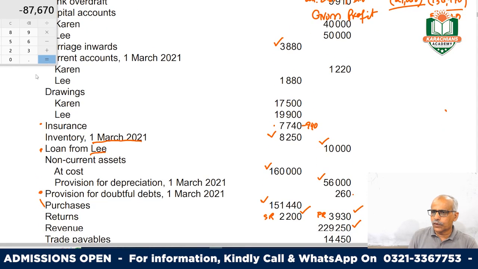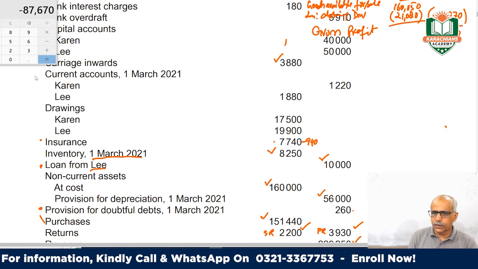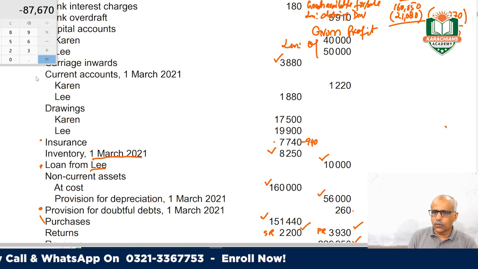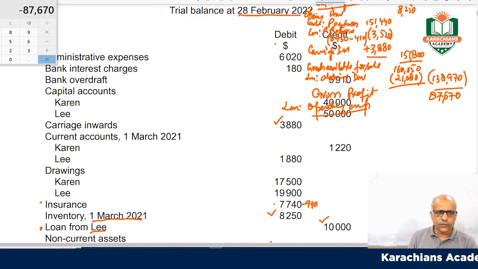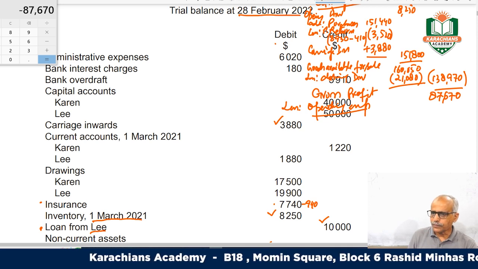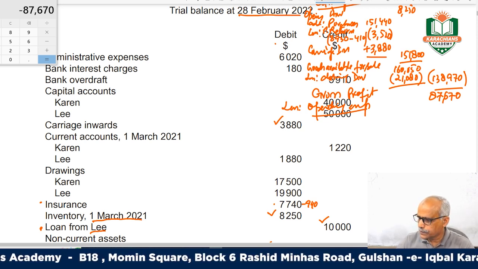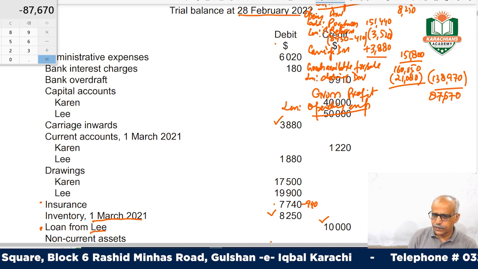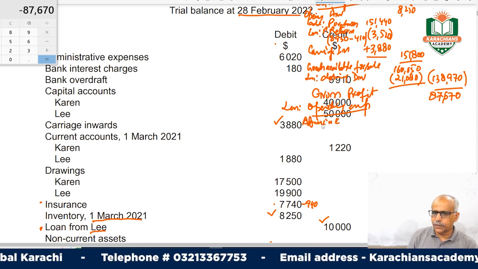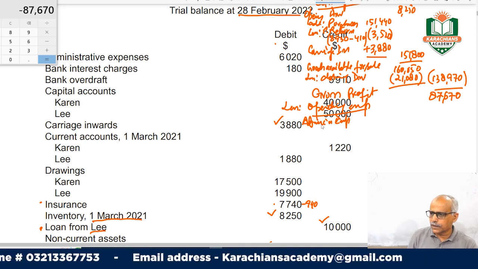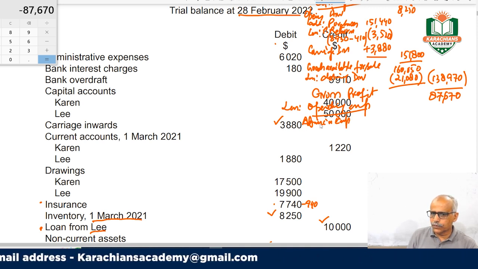Now what you have to do is simply deduct operating expenses, OPEX. So start from the beginning. Administrative expenses are 6,020.